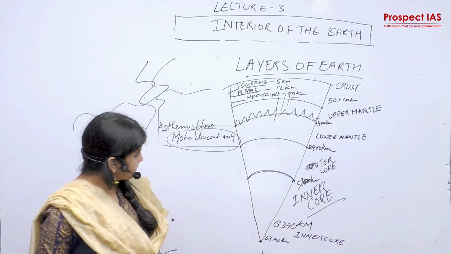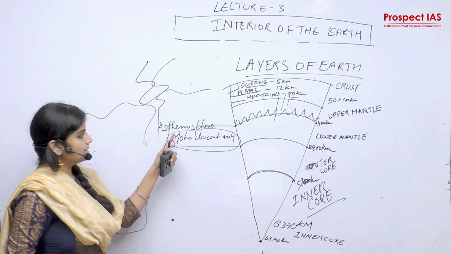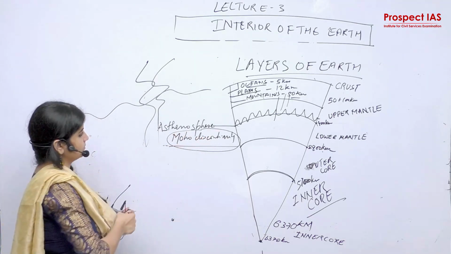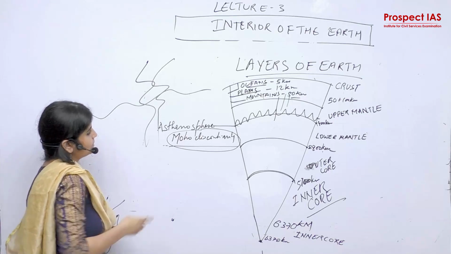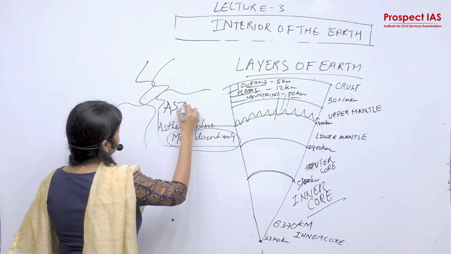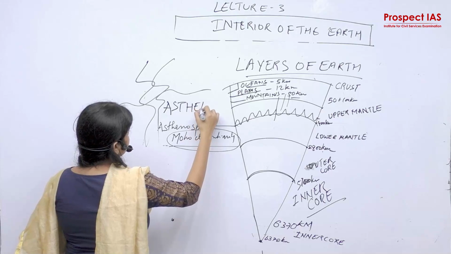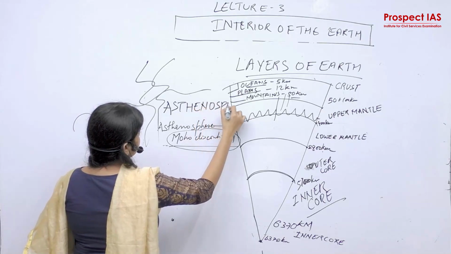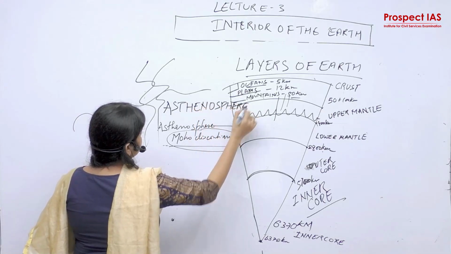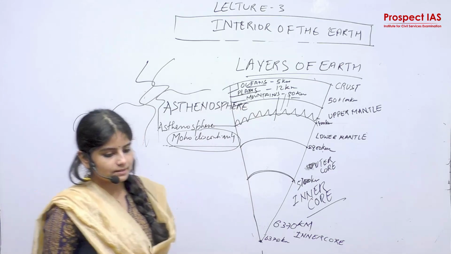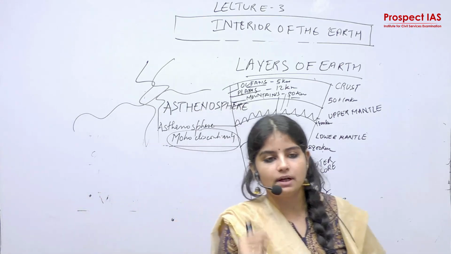Where is the asthenosphere? Okay, here. This is asthenosphere. Okay, so crust is the outermost layer of the earth.